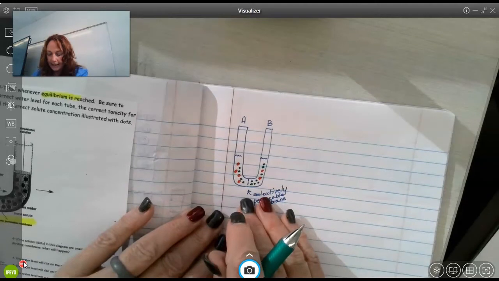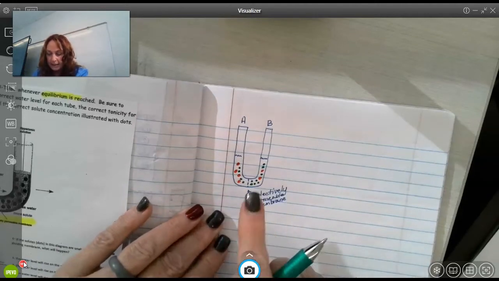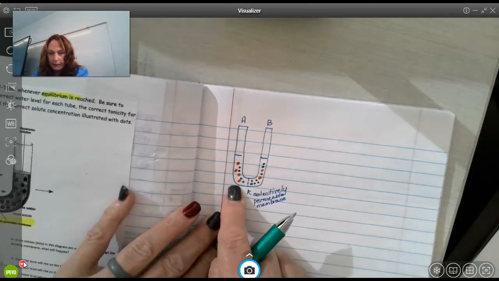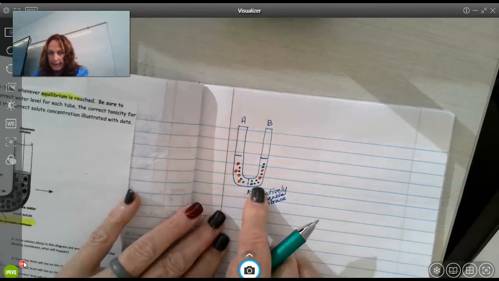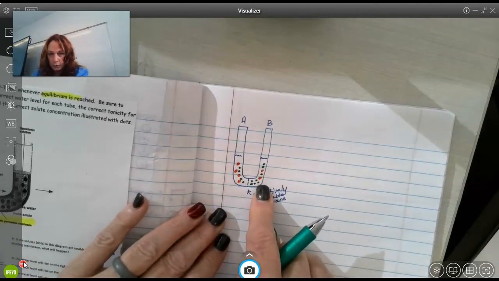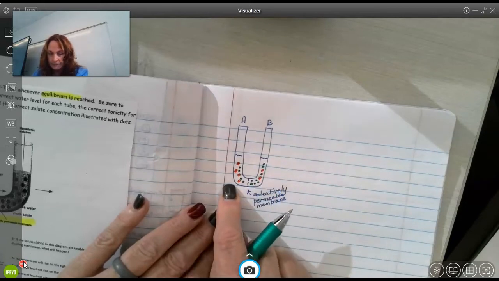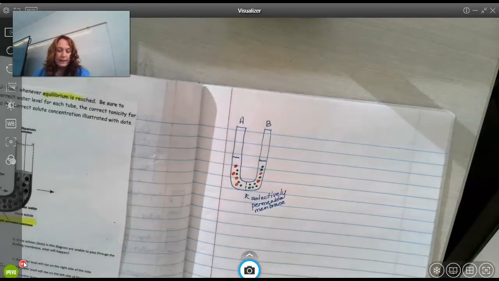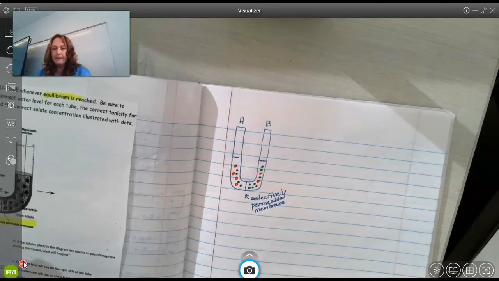We're just saying, visually I can see there's twice as much of the red molecule in A as B, and there's twice as much of the green molecule in B as A. Okay? Then you let this go to equilibrium.